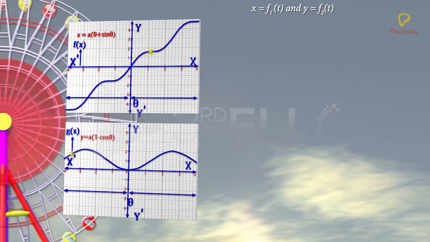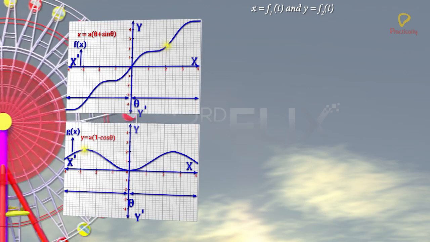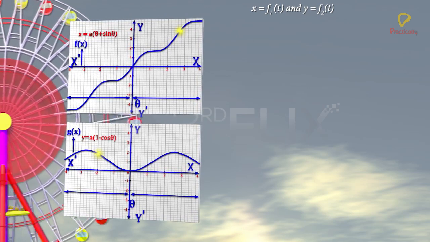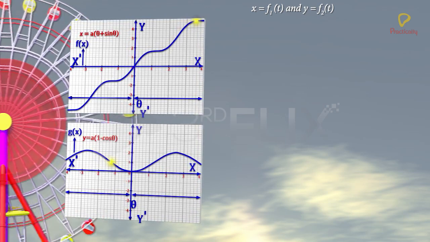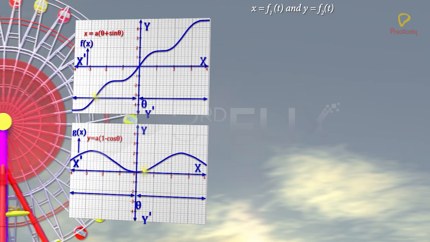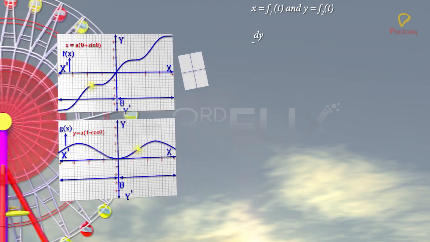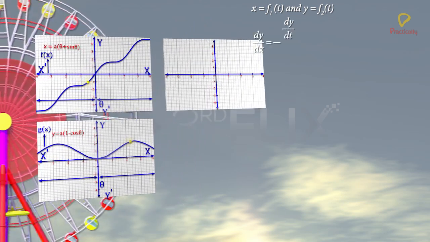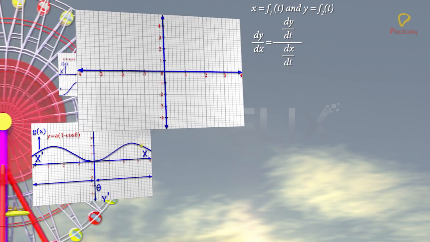Here, both x and y are functions of t. So, both x and y can be differentiated with respect to t. Then, dy by dx is equal to dy by dt divided by dx by dt.